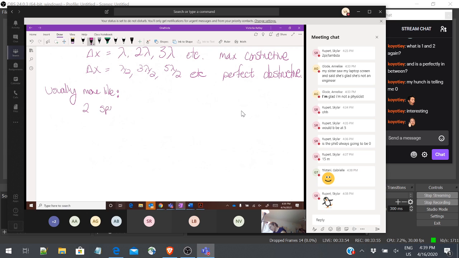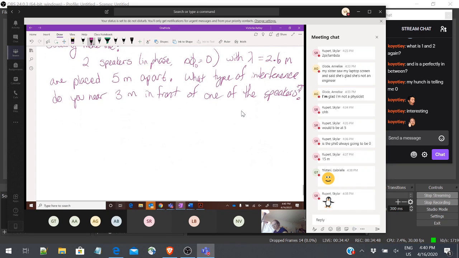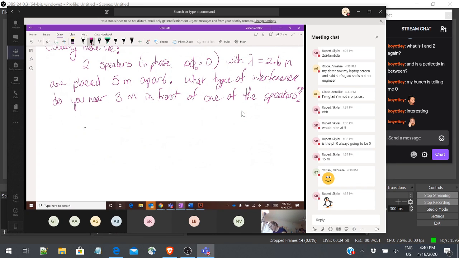They are 5 meters apart. So I get almost max constructive, but not quite, and some places destructive, right? And you hear that different parts of the room will have different loudness.